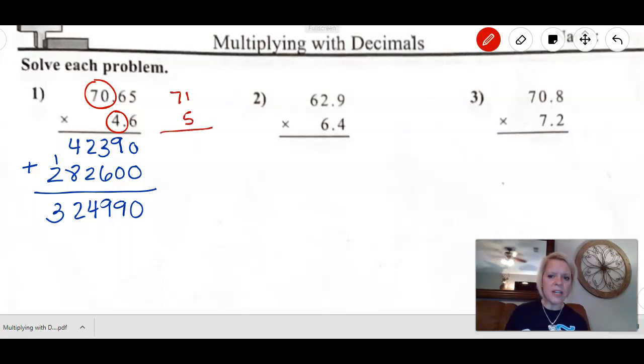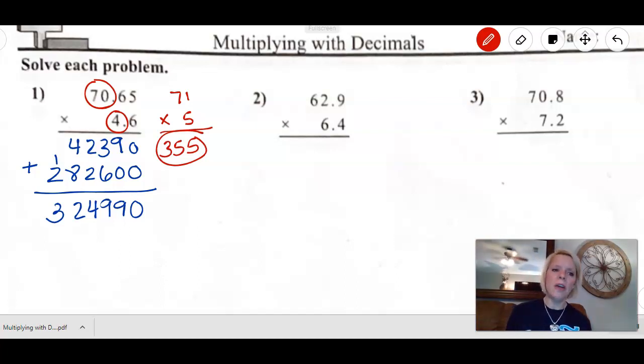So if we wanted to make sure that our final product makes sense, let's multiply this estimated value. So 1 times 5 is 5, and 7 times 5 is 35. That's only 355. If we left this like that, is that even close? No, this is only a hundreds whole number, and this goes into the 100,000s without that decimal.